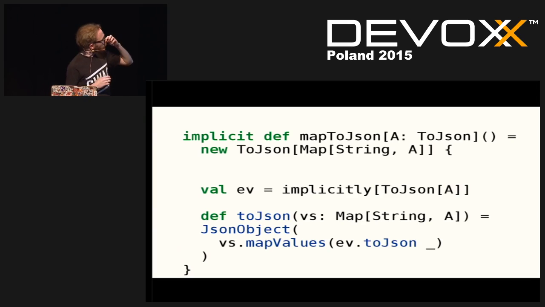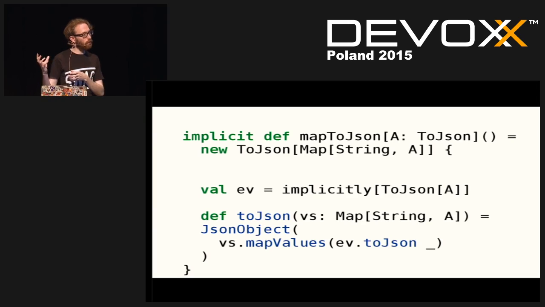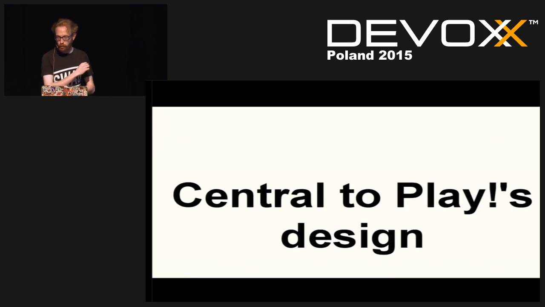The nice thing is that the code implementing the behavior for default types in Scala, like Map, is able to pull my implementation of serialization for my own types. So with type classes, you're able to wire your behavior into default behavior very transparently, which is very, very powerful. And if you use Play Framework, type class-based serialization is central to its design.